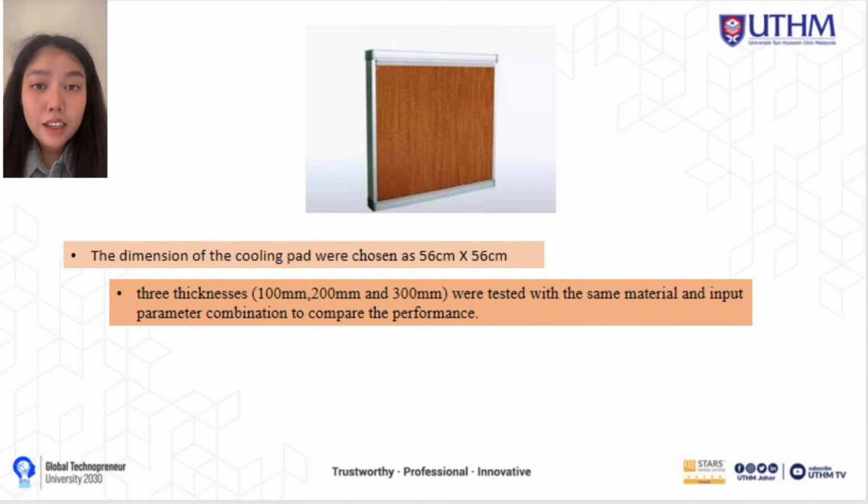And next, as shown below, the packing material consists of shredded bamboo measuring 56 centimeters in length and 56 centimeters in height, with different thicknesses: 100 millimeters, 200 millimeters, and 300 millimeters. The performance of the three thicknesses will be compared using the same input parameters and material. Water must be continuously circulated over the pad in order to maintain its wetness.